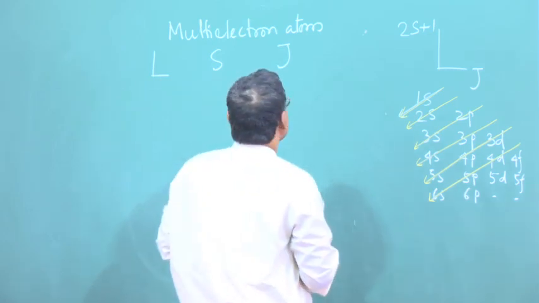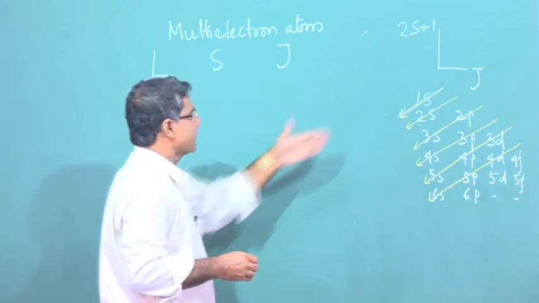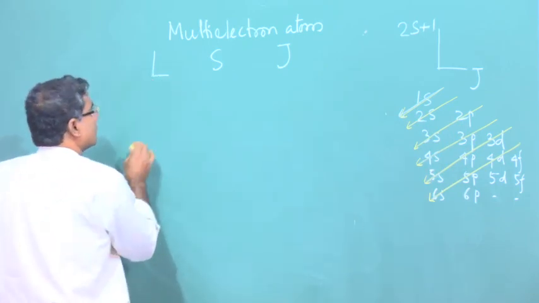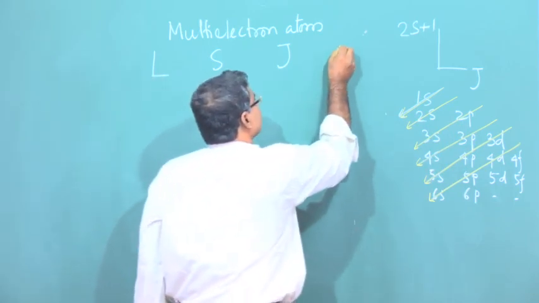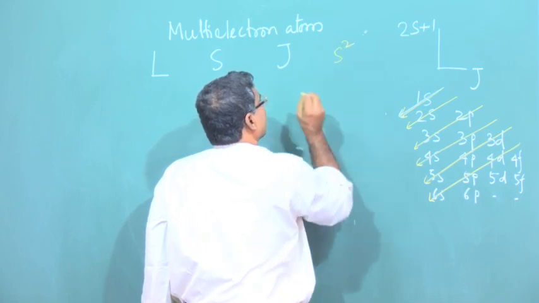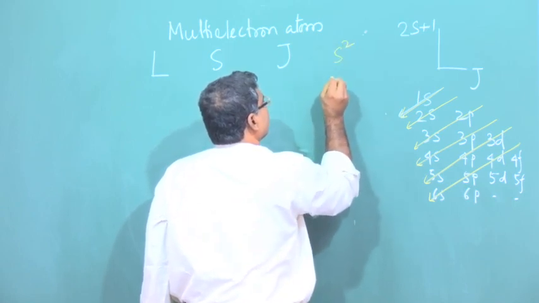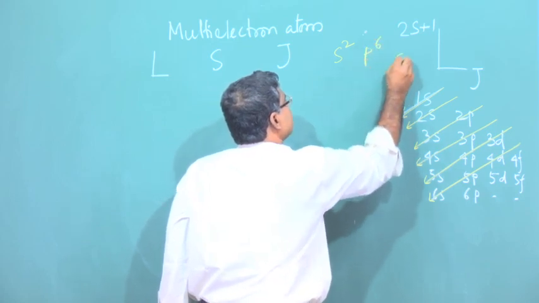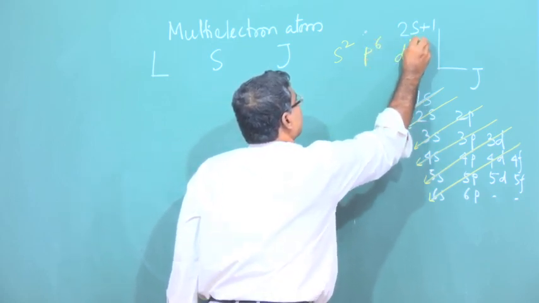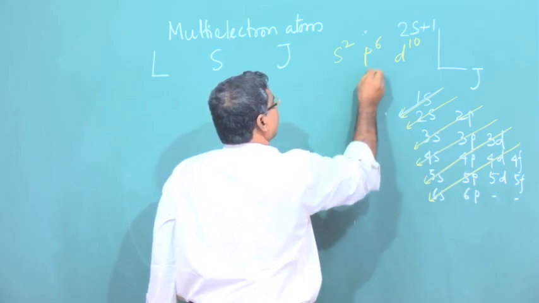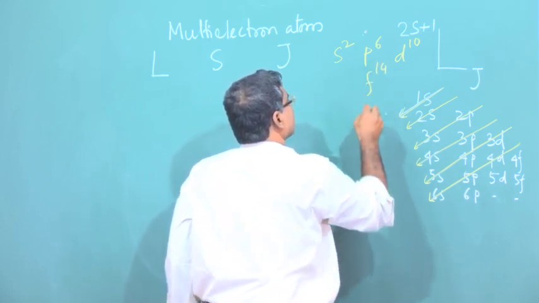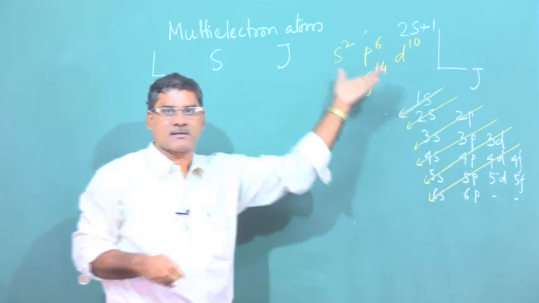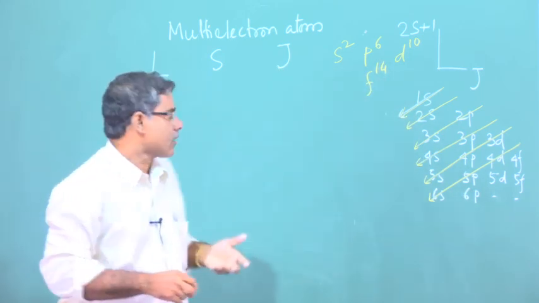So, s2 in general, whatever the n, it does not matter. Then p6, d10, okay, f14. So, this is the maximum number of electrons these subshells, these orbitals, can accommodate.